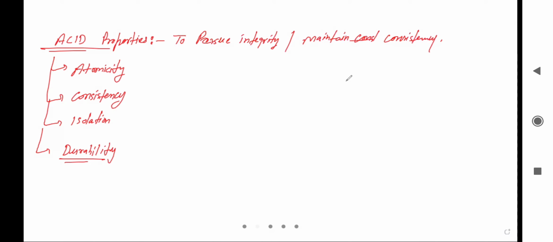And now we'll discuss about the atomicity. So what is atomicity? So in case of atomicity, transactions will execute all the operations or execute none of the operations.